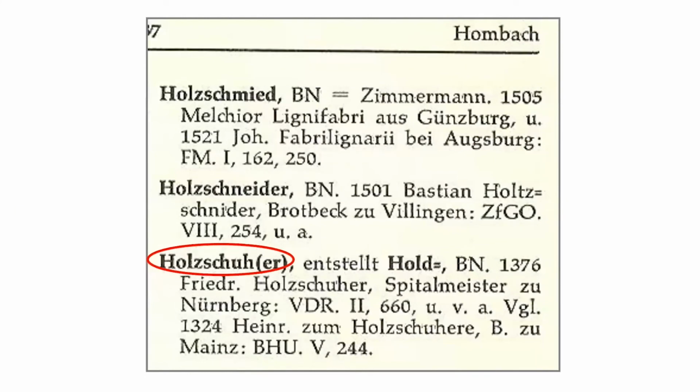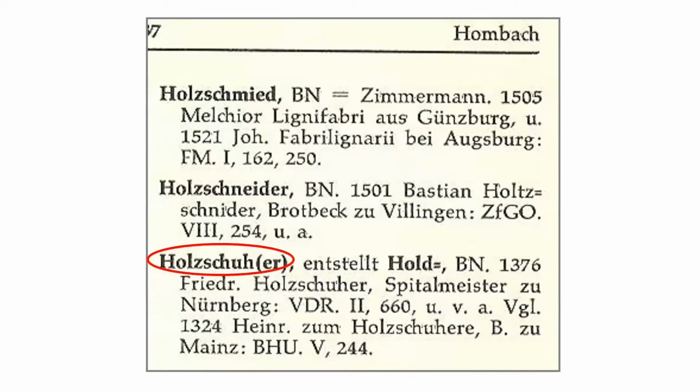This example shows an individual by the name of Friedrich Holzschuh or Holzschuher, whose surname was first recorded in 1376 in the city of Nuremberg, Bavaria. It also shows an individual in 1324 by the name of Heinrich of Holzschuher from Mainz, Hessen.